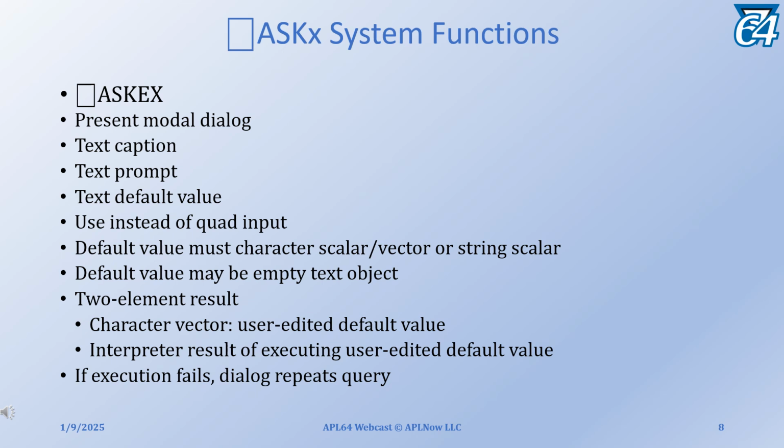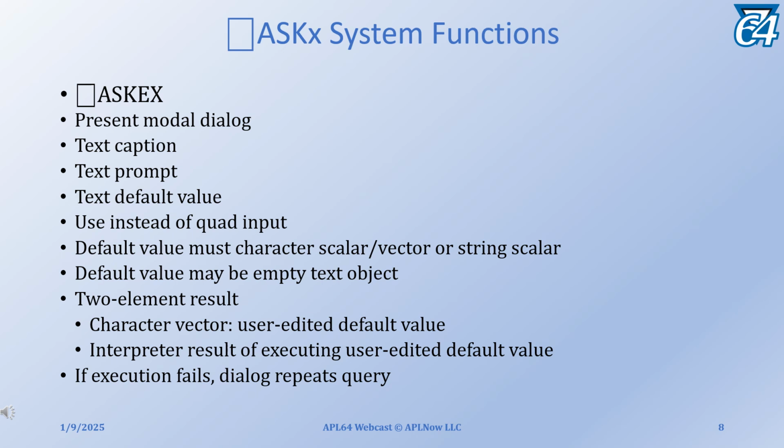The purpose of the QuadASKx system function is to request text input from the APL64 developer version user, evaluate that input and return the interpreter evaluation of the input. The QuadASKx system function will present a modal dialog. The QuadASKx right argument is the default value of the result.